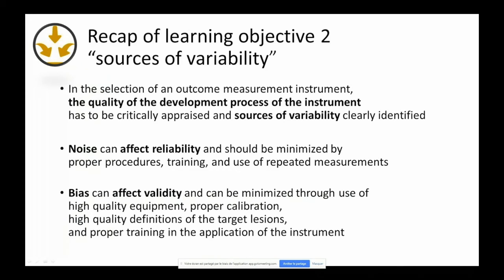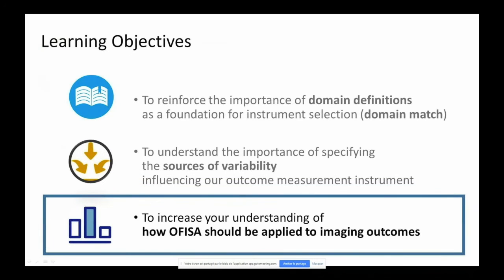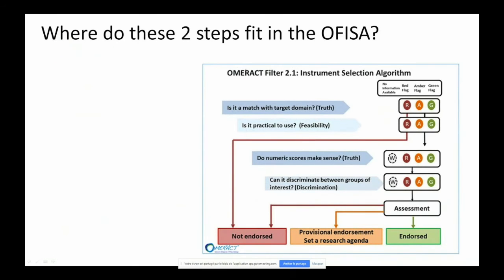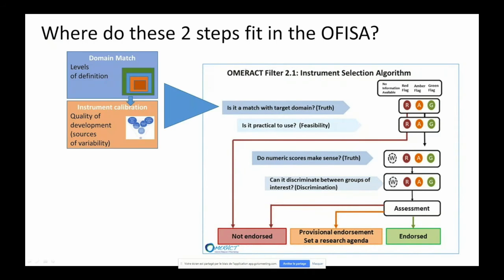Okay, so I will move to the third learning objective, to increase the understanding of the audience on how OFISA should be applied to imaging outcomes. First, our idea is to show them where these two steps fit in the OFISA algorithm. And they fit here.